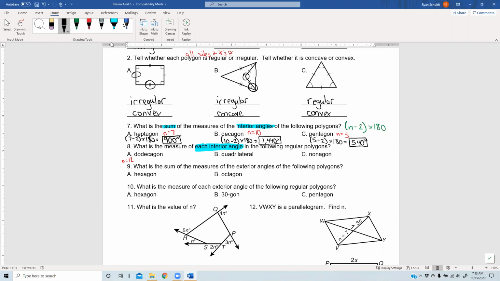So if I do my formula right quick, I would have 12 minus 2 times 180, which is 1,800. But I'm not done. I have to then take 1,800 and divide it by 12. And that'll get me 150 degrees.